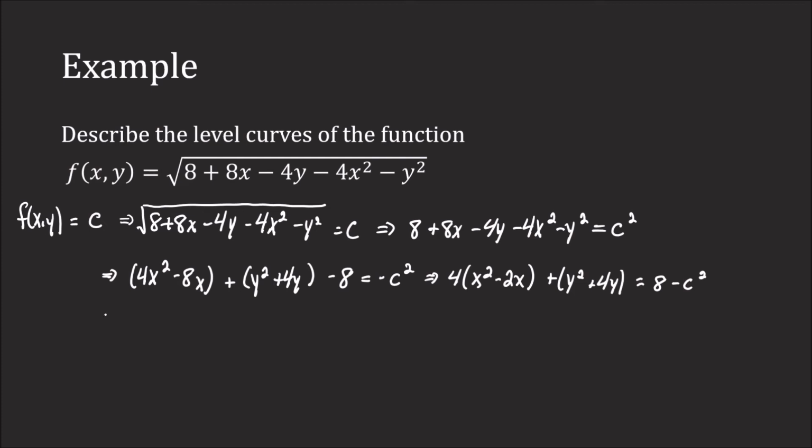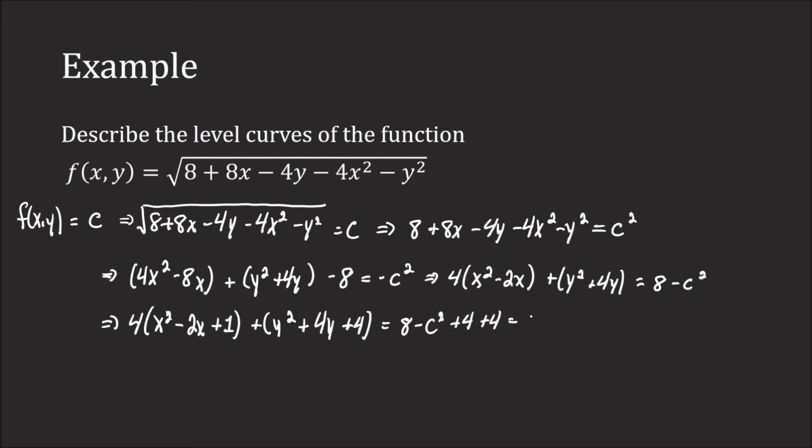Completing the square. So we're going to have 4 times x squared minus 2x plus 1, then plus y squared plus 4y plus 4 is equal to 8 minus c squared, and then I have to add the plus 4 times 1 and the plus 4. So this is 16 minus c squared.